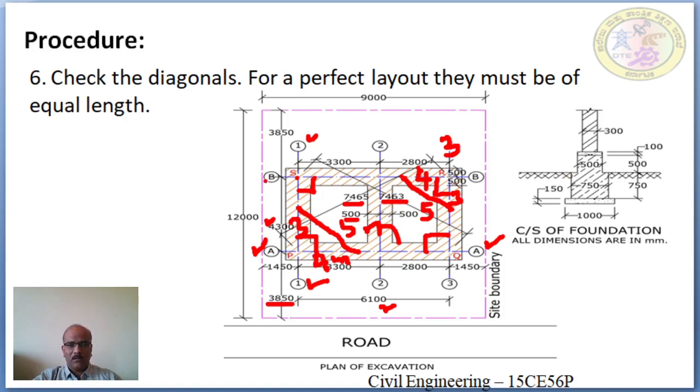The PR or QS diagonals are measured, and both diagonals should measure 7.465 meter. If both diagonals are equal in size, then we can ensure that all corners are at right angle.